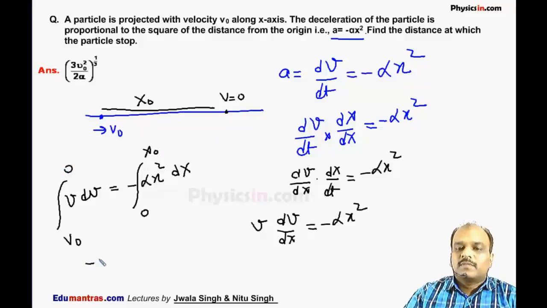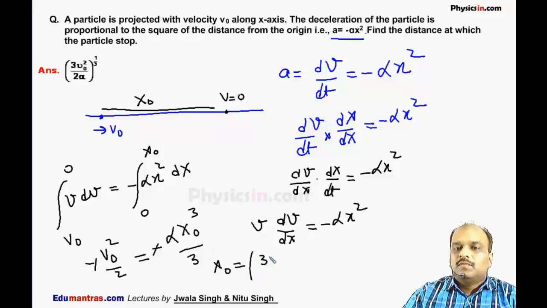So we get minus v naught squared by 2 equal to minus alpha x naught cubed by 3, because the integration of v dv is v squared by 2 and the integration of x squared dx is x cubed by 3. The minus signs cancel out. We get x naught equal to (3 v naught squared by 2 alpha) to the power 1 by 3. This is the final answer.